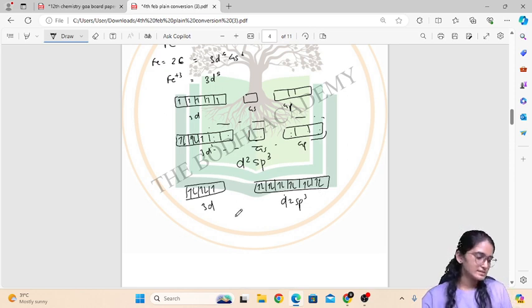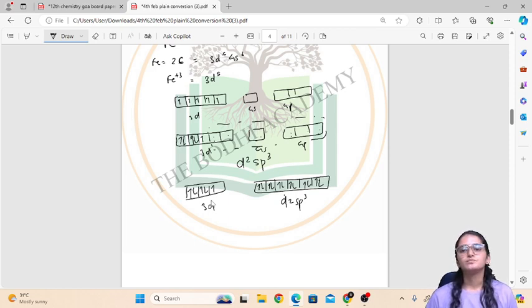Now you have to tell whether they are paramagnetic or diamagnetic, because they ask the magnetic character. You have to look here whether the electrons are paired or whether there is an unpaired electron. Since there is one unpaired electron here, it is paramagnetic. Like the concept of color and colorless, the same is the concept of magnetism.